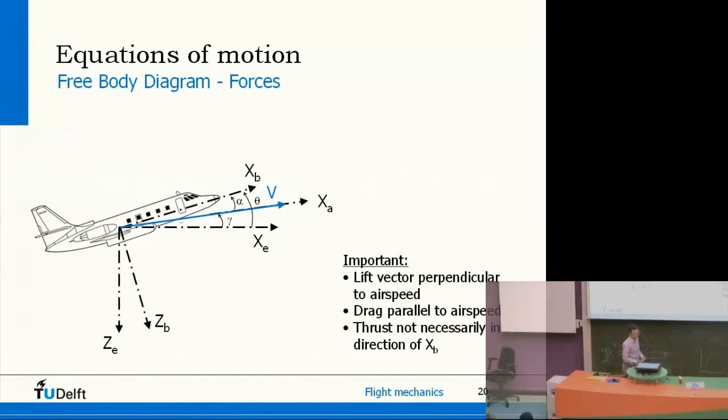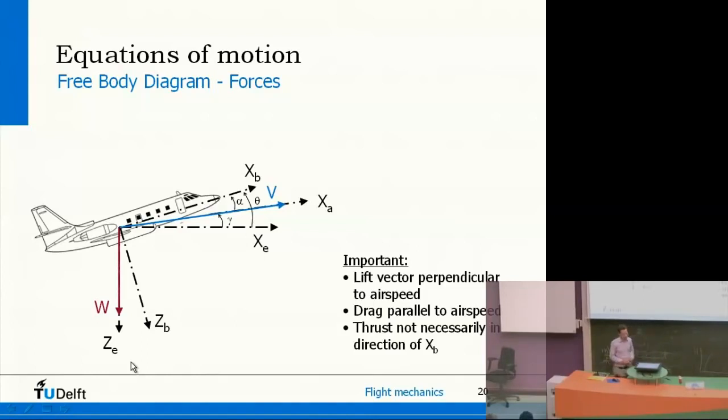Clearly there's the aircraft weight, and aircraft weight is always pointing towards the center of the Earth. So that's in the same direction as this z-axis of the moving Earth axis system. So you can see straight away that these axis systems will become relevant right now.